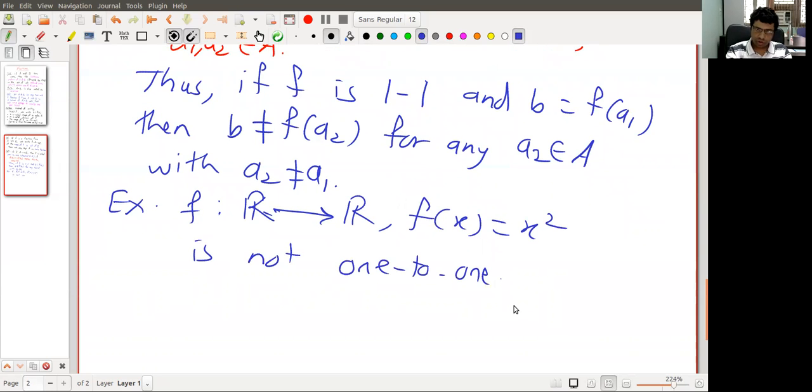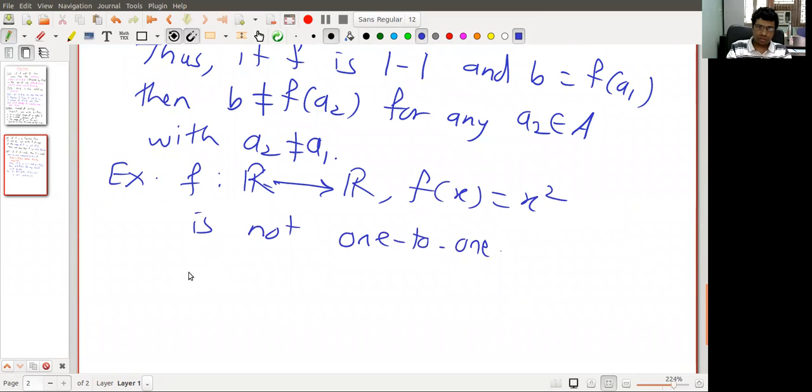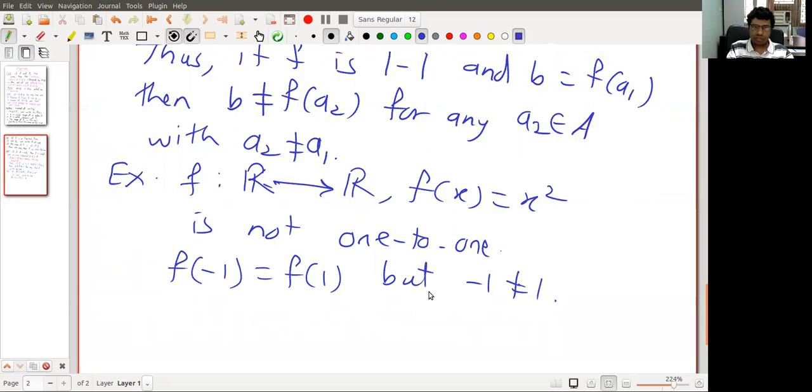Because f of minus 1 is the same as f of 1, the answer is 1, but minus 1 is not the same as 1. If we change the domain, then the same function may be 1 to 1.